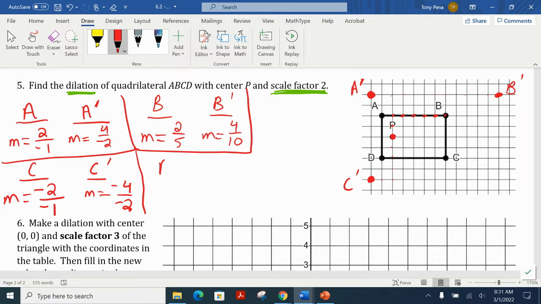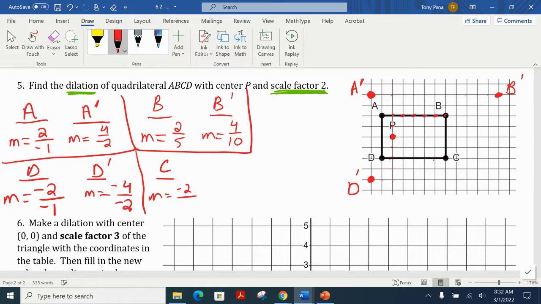And then last but not least, to get to D. Oh, wait. I screwed that up. Sorry. That's D. Last one is C. All right. So change this. We go down 2 and then right 1, 2, 3, 4, 5.